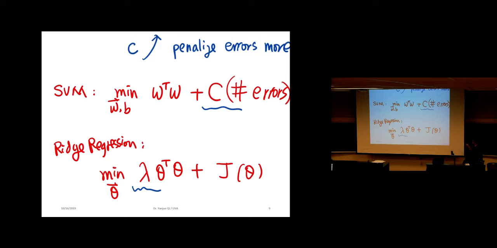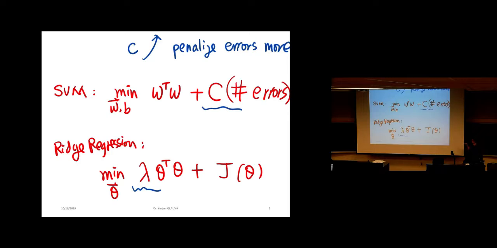If you do a one-to-one analogy, looking at ridge regression versus SVM, you can tell SVM performs some type of L2 regularized loss formulation too. Just differently, this time we don't put lambda before the regularization, we put that weighting term C before the number of errors we are making.